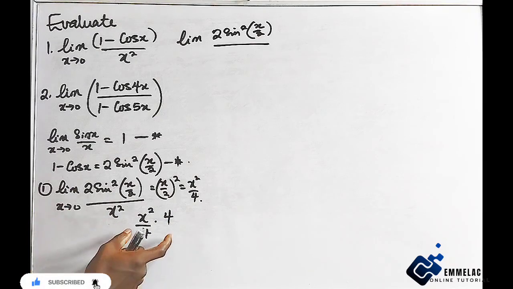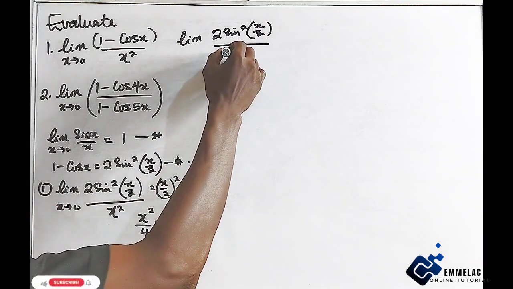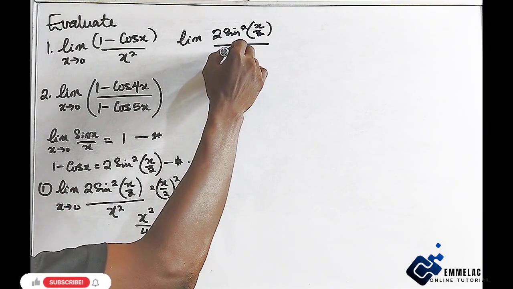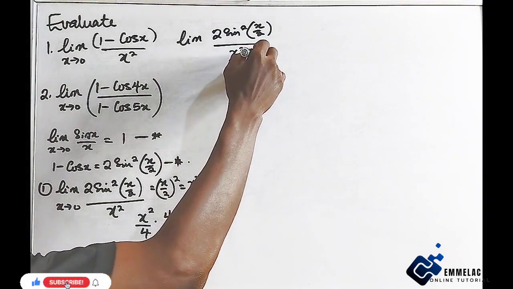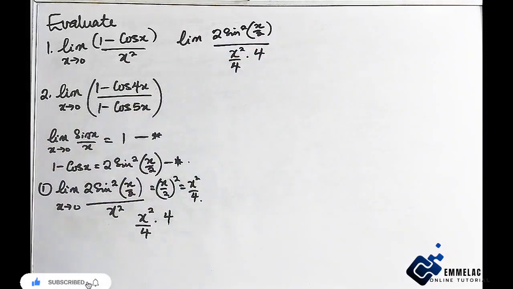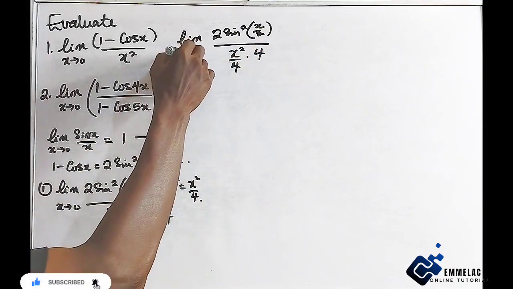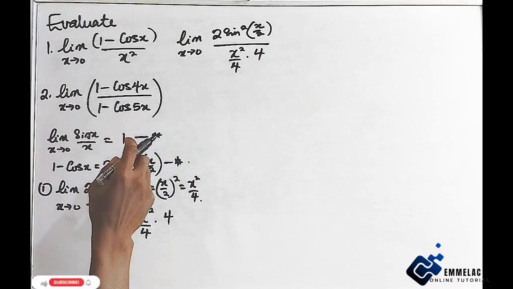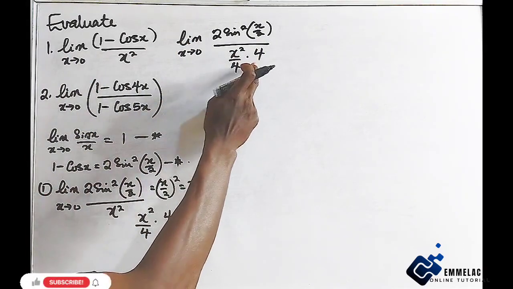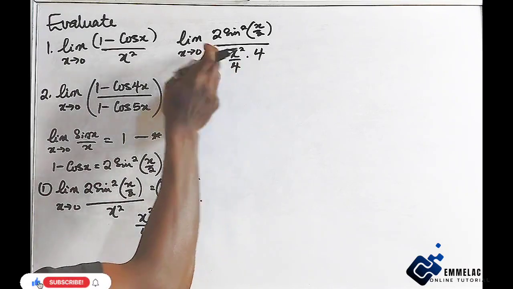So at the end of the day, our denominator here will now be x raised to the power of 2 all over 4 times 4. Okay, so take note as x tends to 0. Alright, so here we can now bring out 4 and 2.